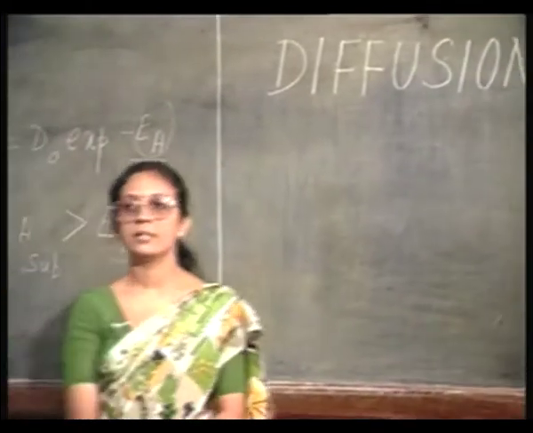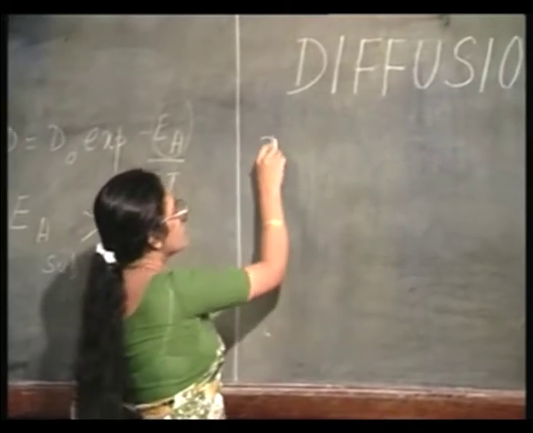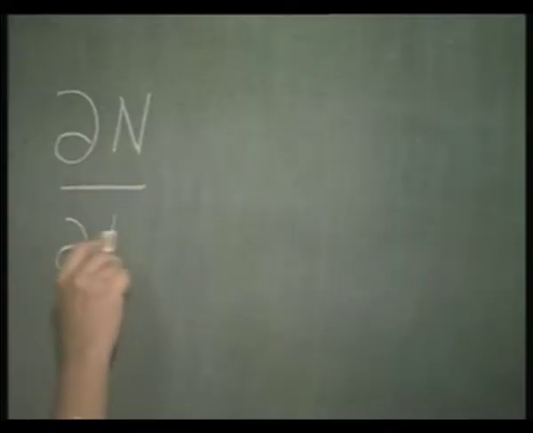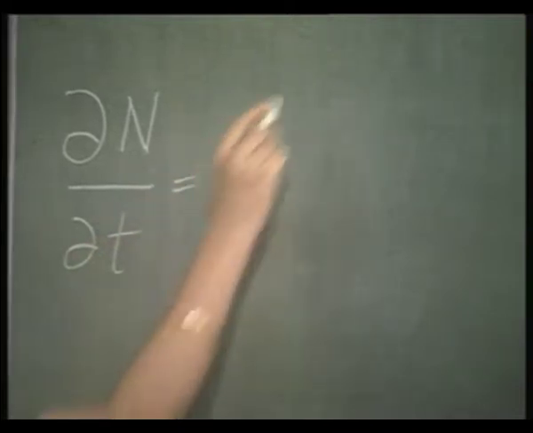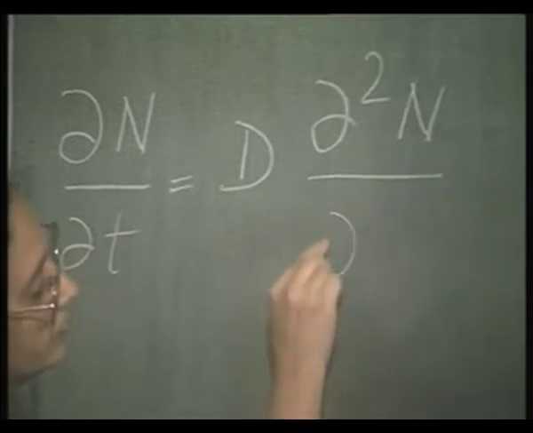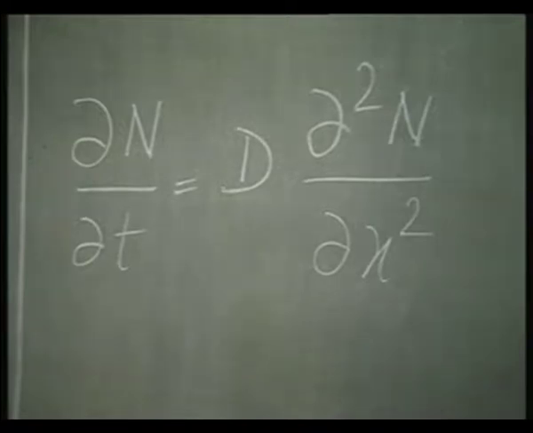If I make the diffusion coefficient a constant, then this equation can be rewritten. I have taken d out of the differentials, therefore, I can rewrite this equation as del n del t is equal to d into del 2 n del x 2.